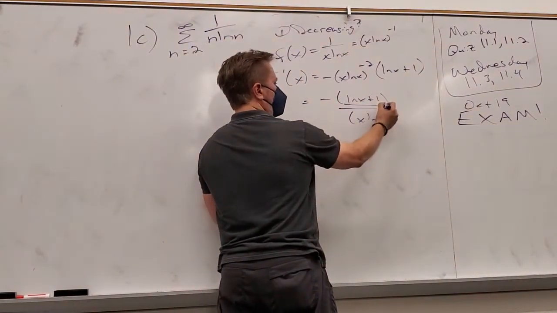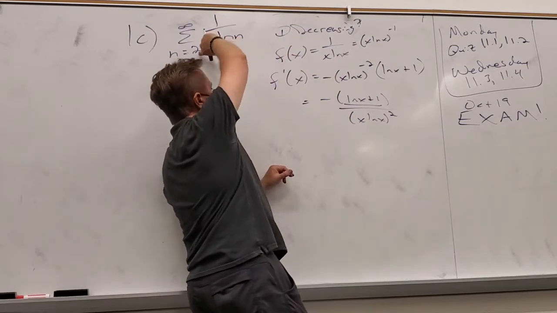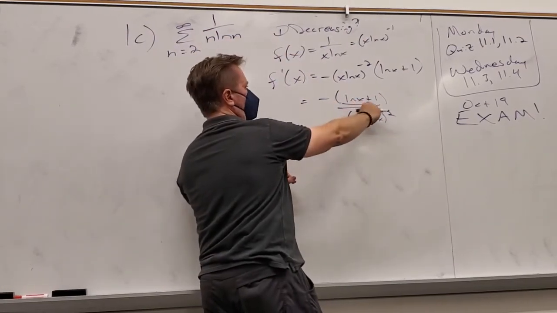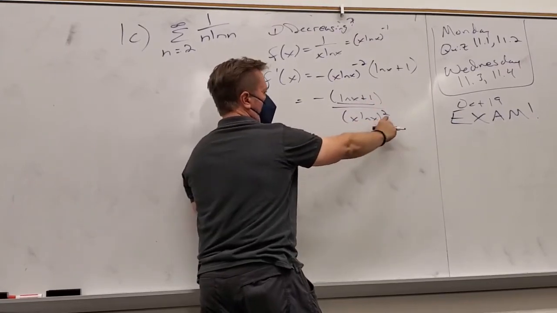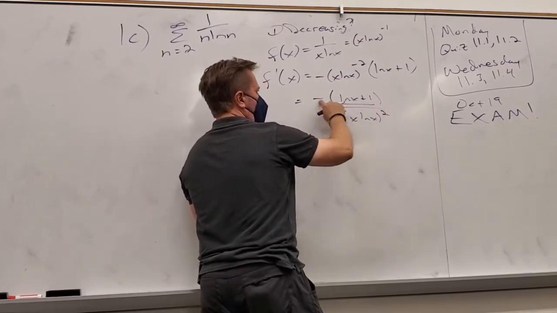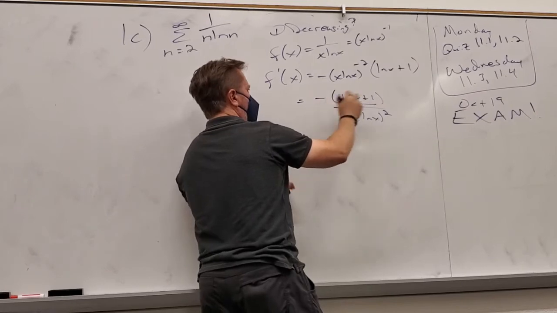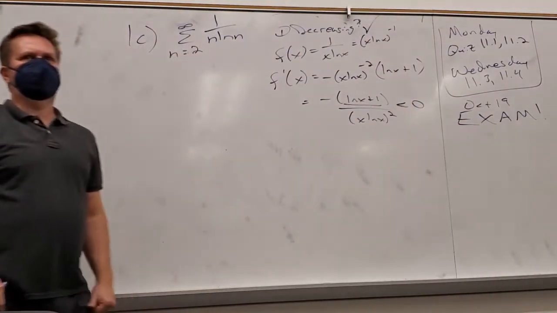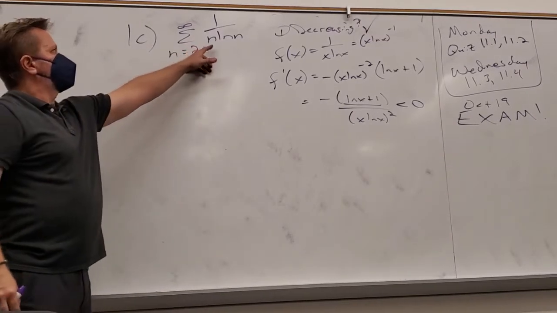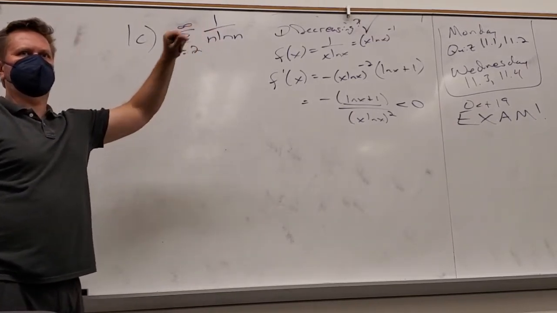For numbers 2 and above, this is always positive, so the whole thing is always negative. Check. Decreasing. And obviously these are positive terms, right?